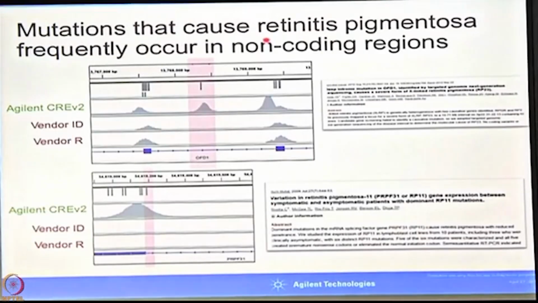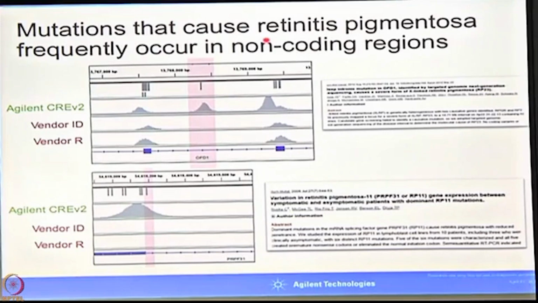Another, retinitis pigmentosa. If you see 2 other vendors, this CFD1 gene is not covered in this part because this is the intronic part. These are exonic parts. Intronic parts are not covered, right? But if you see ours, that part is fairly covered, which means detection of that mutation is very easy.